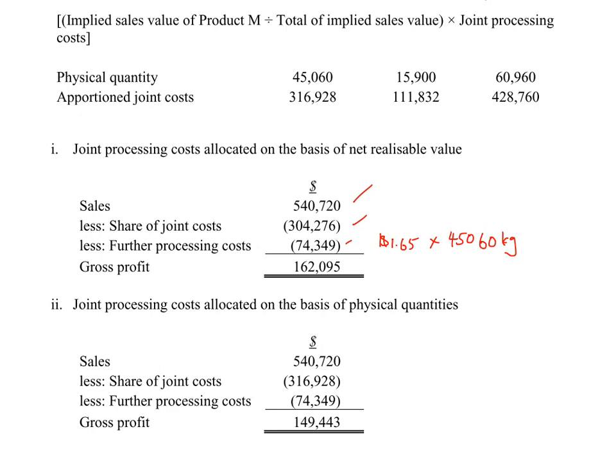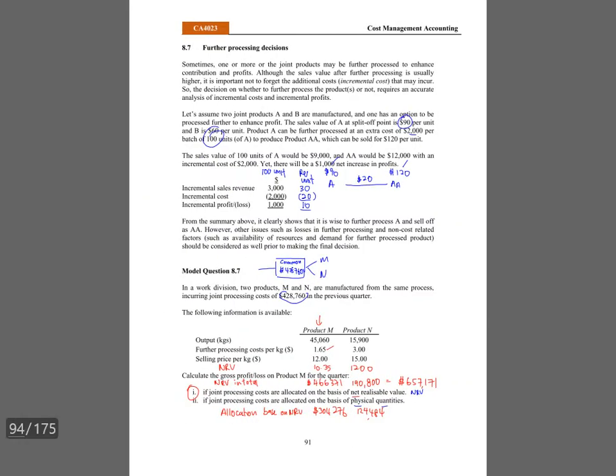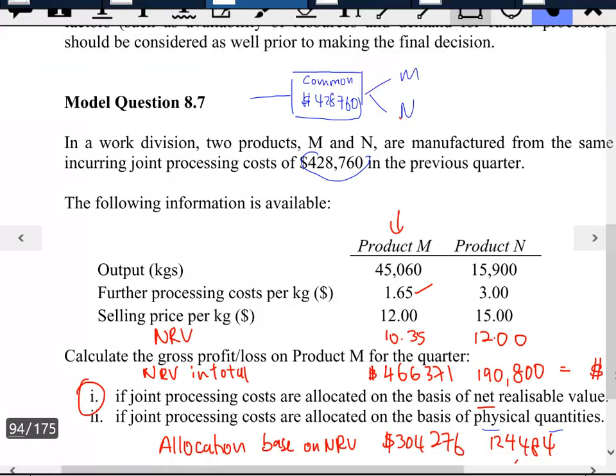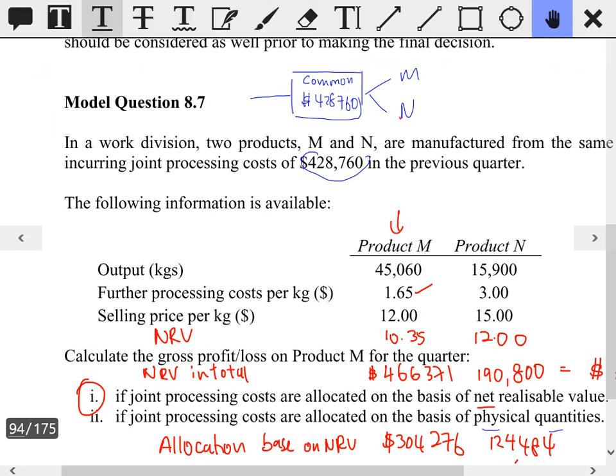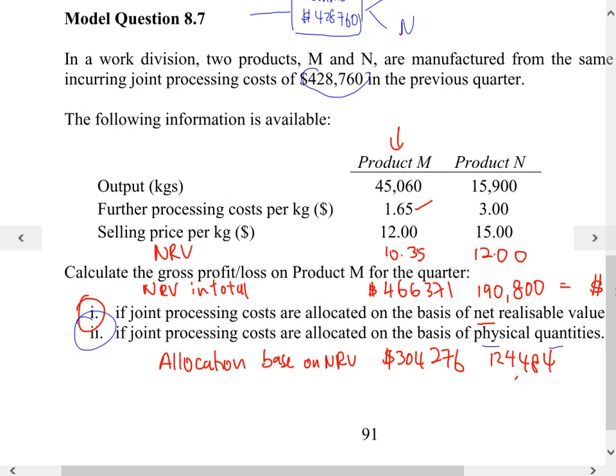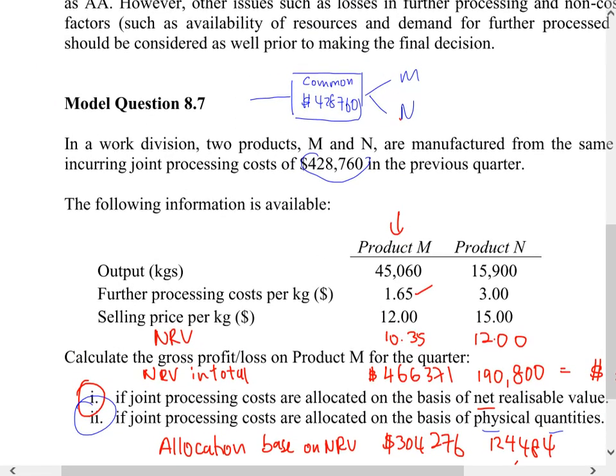Method 2, which is the physical quantity. Here, you have the total cost incurred of 428,760. And number 2, we allocate the cost based on physical quantity, meaning based on output.